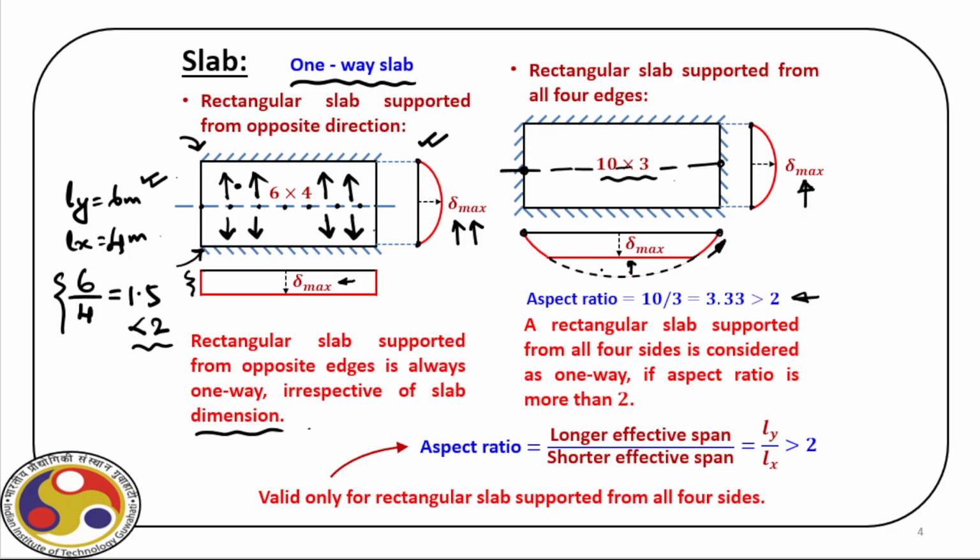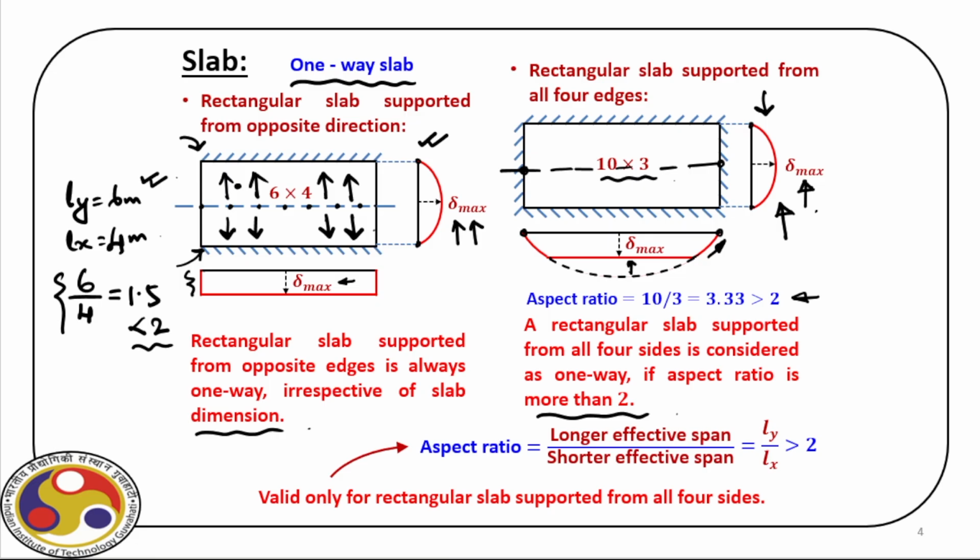Now, if you look at the bending behavior, again you can see here, it has bending behavior predominantly in one direction. So, a rectangular slab supported from all 4 sides is considered a one-way slab even if the aspect ratio is more than 2, because the type of load distribution we have shows the bending is predominantly in one direction.